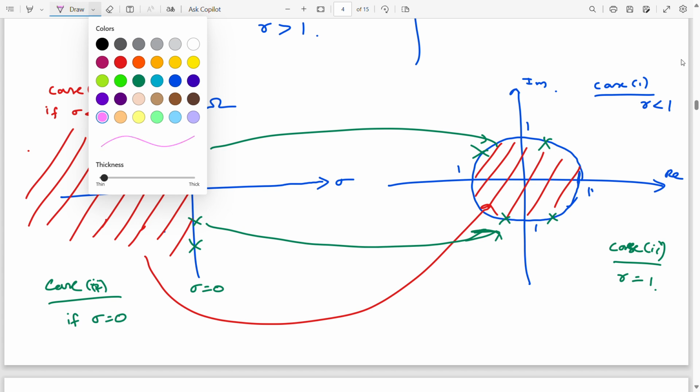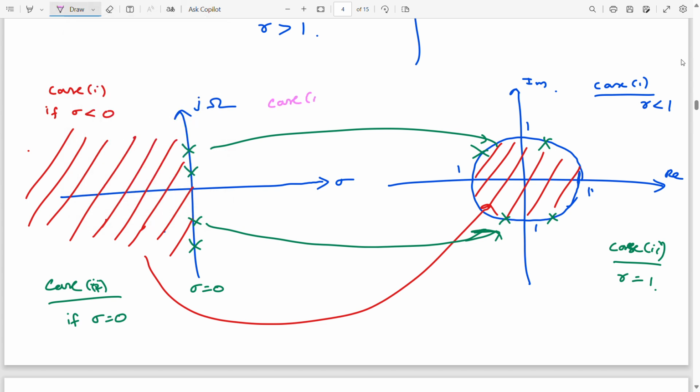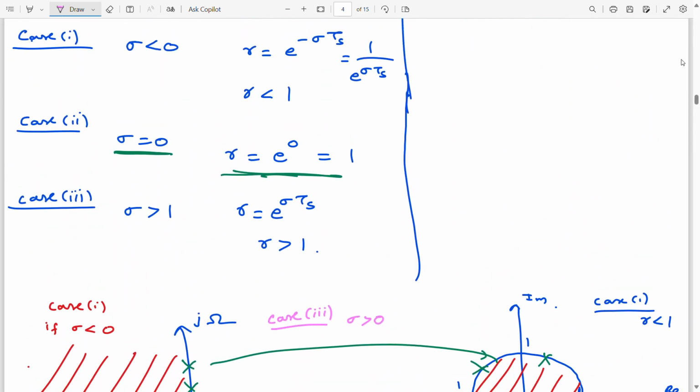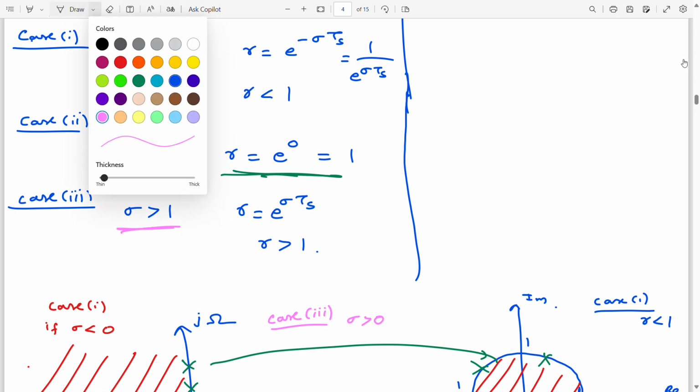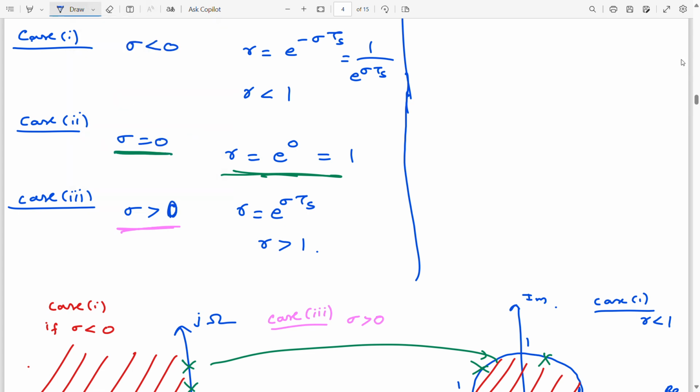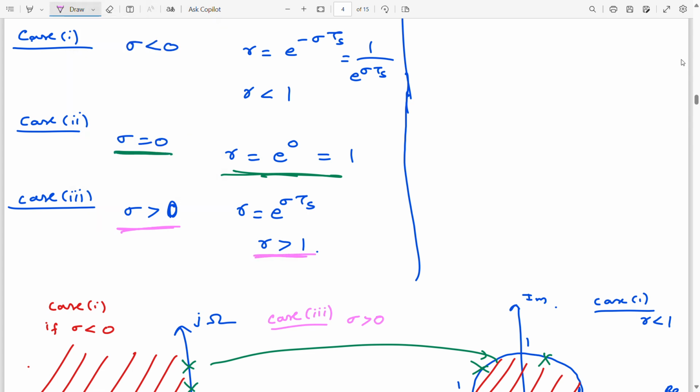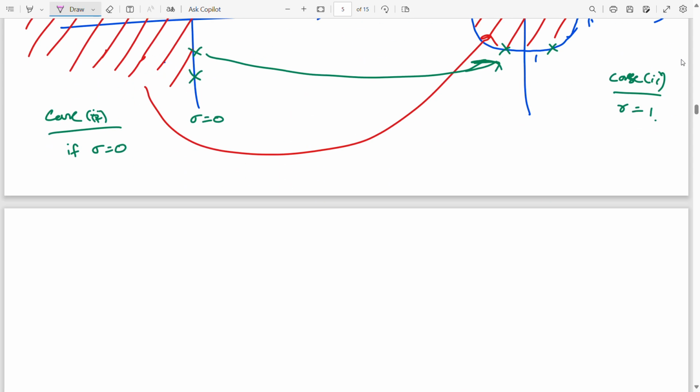And let us assume case 3, where sigma is a positive value, that is sigma greater than 0. In this case, if sigma is greater than 0, then R is greater than 1.